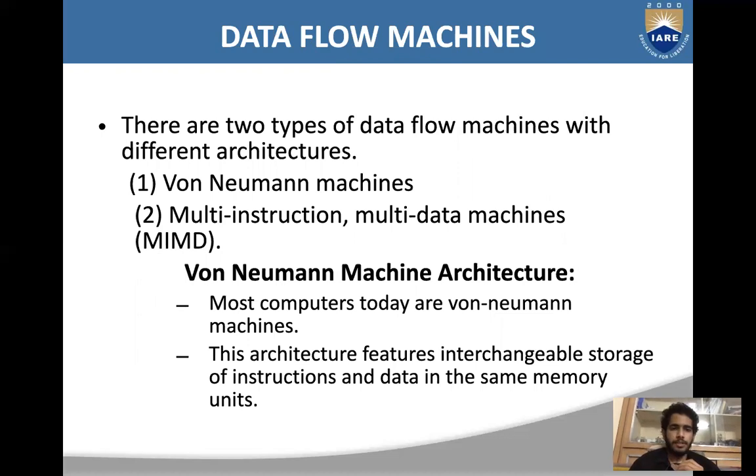Von Neumann machines, and multi-instruction, multi-data machines. Von Neumann machine architecture: most computers today are von Neumann machines. This architecture features interchangeable storage of instructions and data in the same memory units.